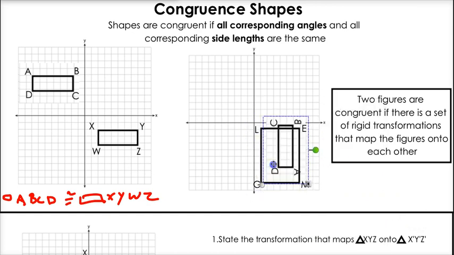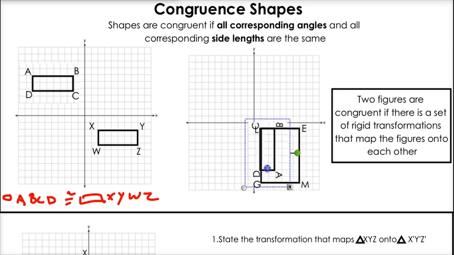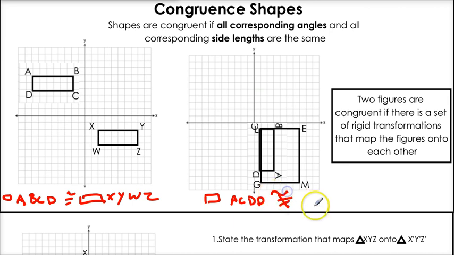So no matter how many rigid transformations I use here, there's no way to get them to map onto each other. So I actually know that these are not congruent figures. So I cannot prove that these are congruent. So rectangle ABCD is not, I'm not sure if you remember that symbol, not congruent to rectangle LEGM.